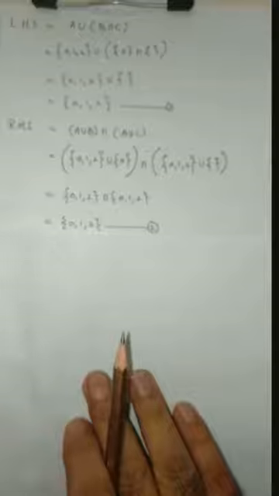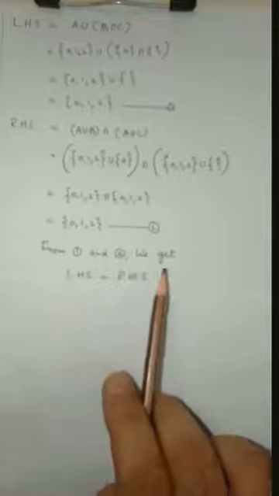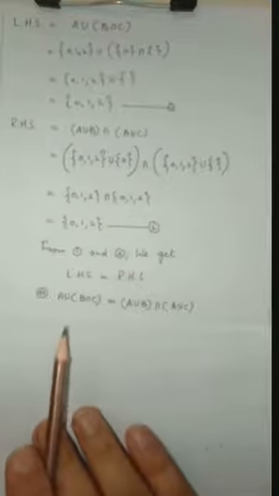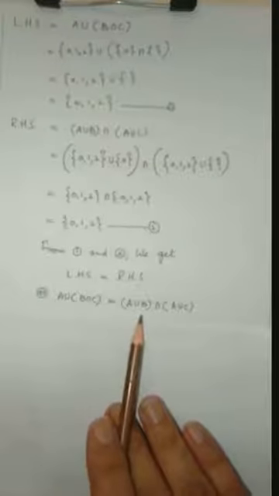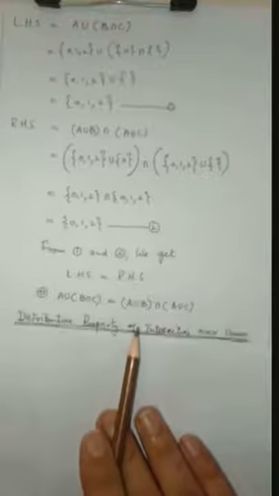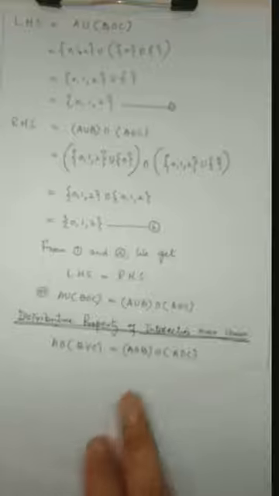As equation number 1 and equation number 2 are same, so from 1 and 2 we get left hand side is equal to right hand side, or A union in bracket B intersection C is equal to A union B intersection A union C. Now distributive property of intersection over union, which is equal to this.